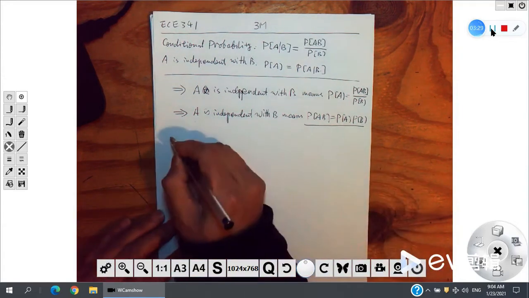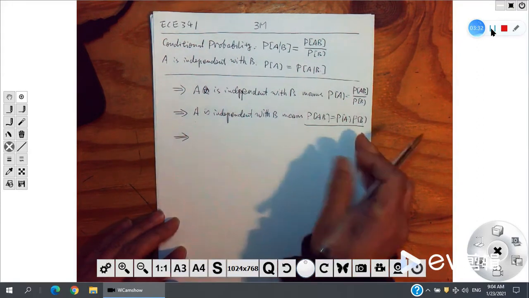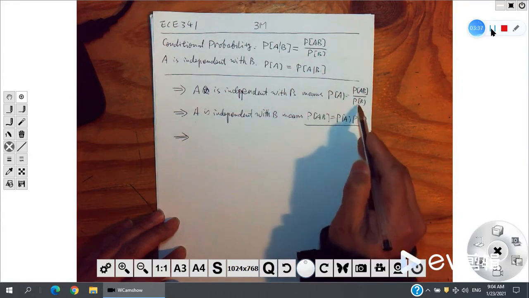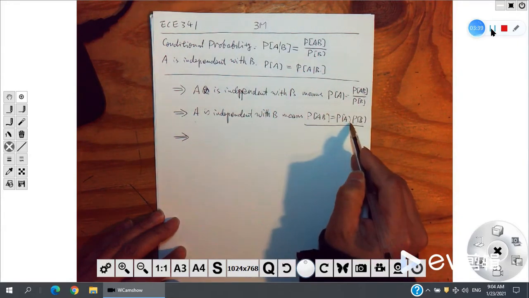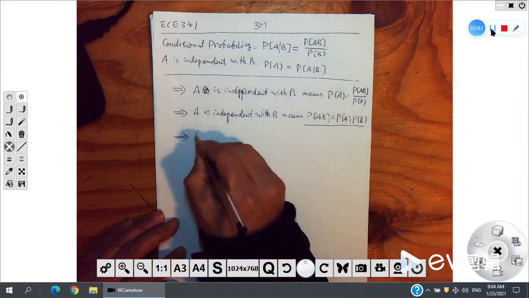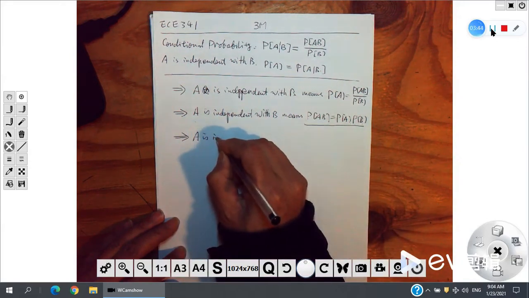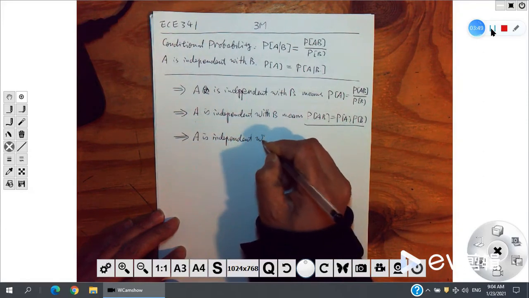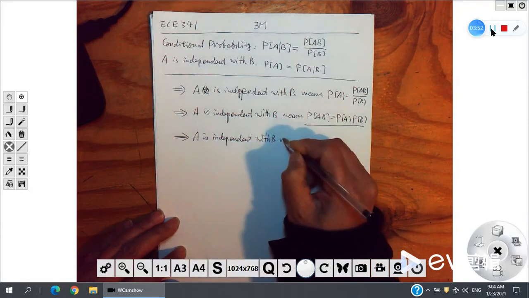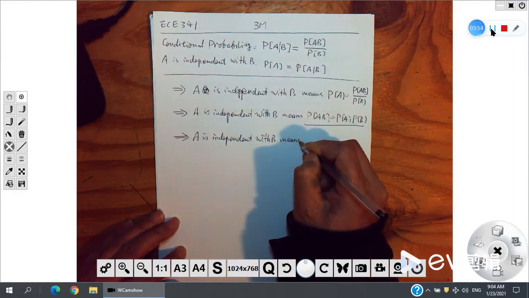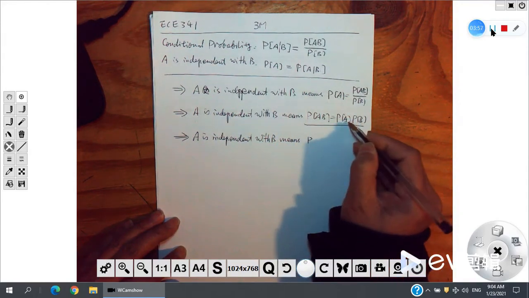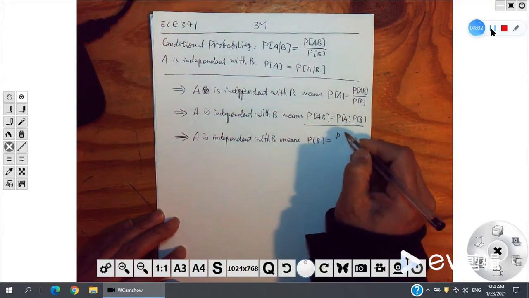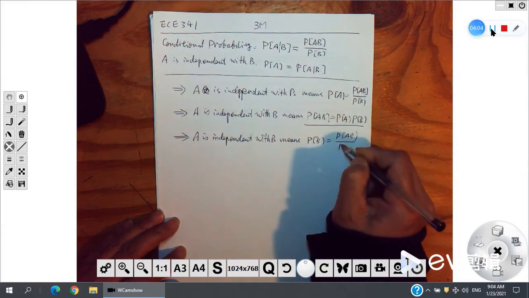Then we can reverse the order. Here you use B as a denominator, right? Now we can use A as a denominator. So we can say A is independent with B means, now I use A as a denominator, P(B) equals P(AB) over P(A).